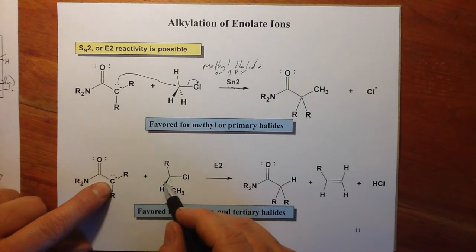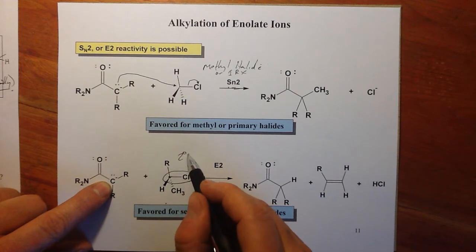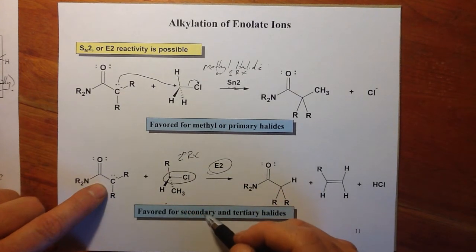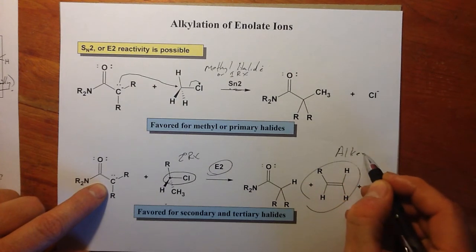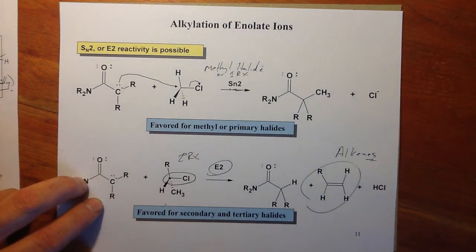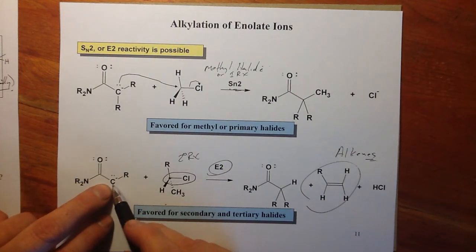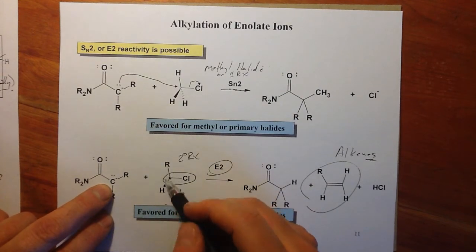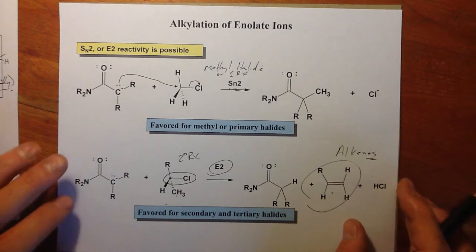But if it's a secondary, I cut two carbon-carbon bonds, one here, one here. This is a secondary RX. We're going to favor E2. We're going to favor alkenes being formed, not a substitution product where we've alkylated this carbon. No, it's going to just tear a proton off of this R group or off this carbon to give us an alkene.